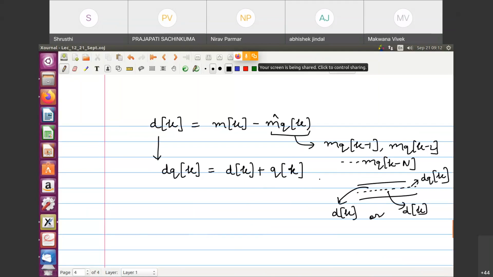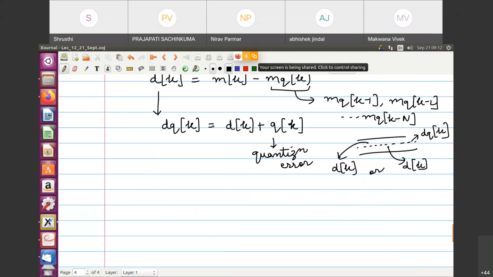So this quantization noise q of k can be plus or minus, it can be anything. This we have seen when we were deriving the quantization noise, that we can represent it like that.